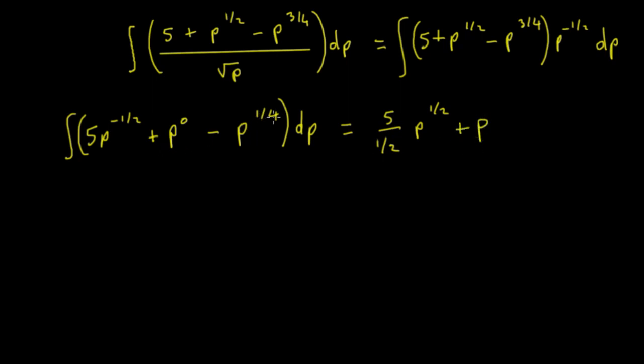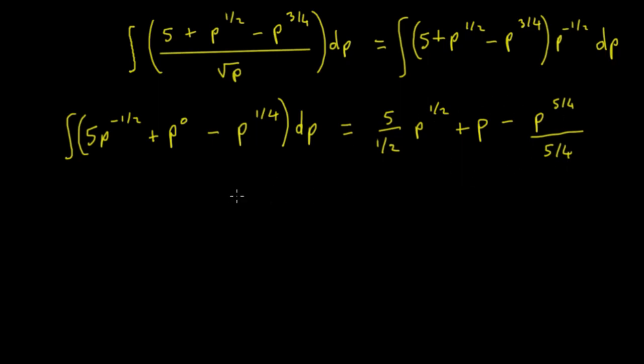And this one here we're going to add 1 on to the index, so instead of being power of 1 upon 4 it's going to be 5 upon 4, and we've got to divide by 5 upon 4, so it's going to be p to the 5 upon 4 divided by 5 upon 4.